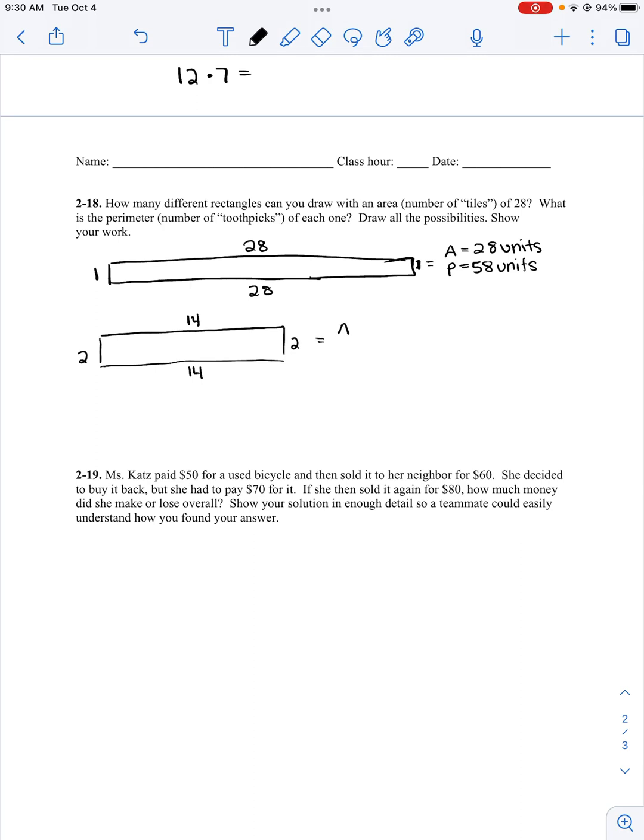So my area, again, should be 28 units. My perimeter is 14 plus 14, which is 28, plus 2, which is 30, plus 2, which is 32 units.